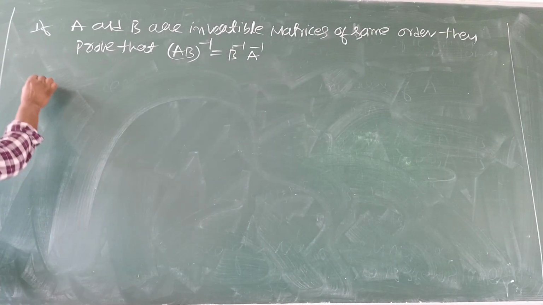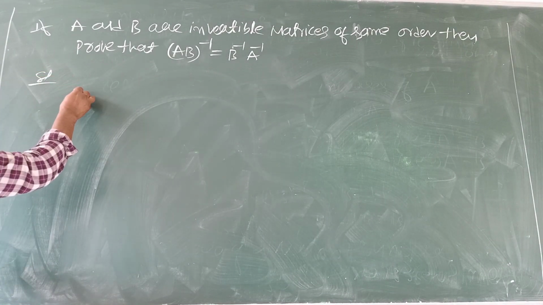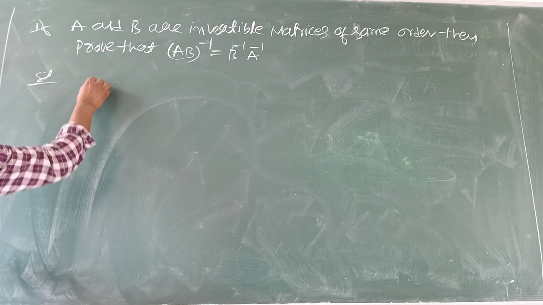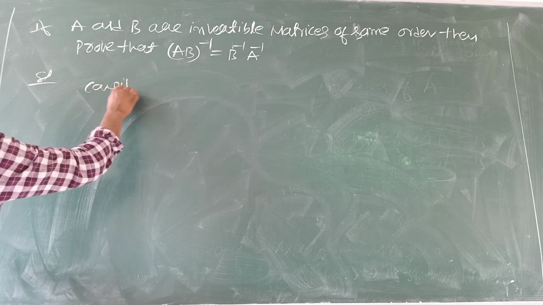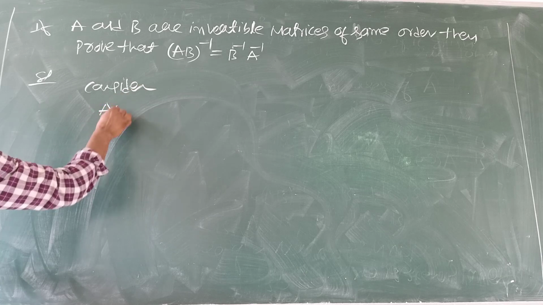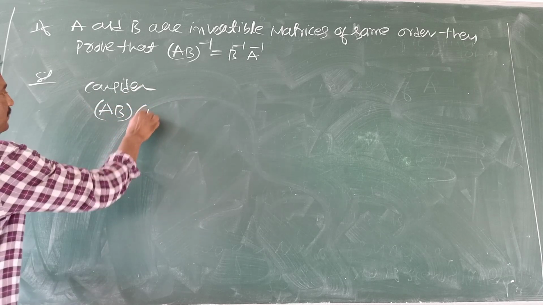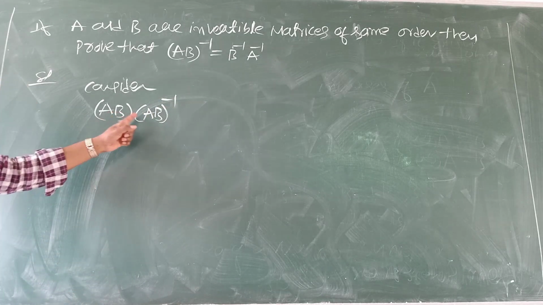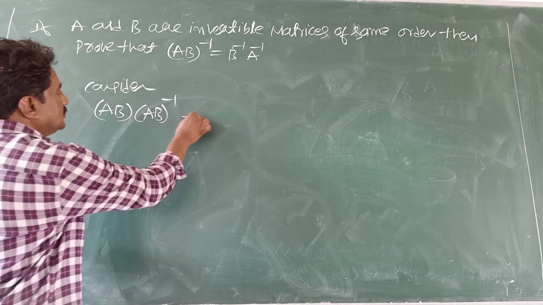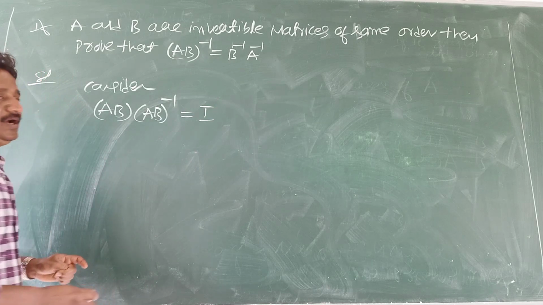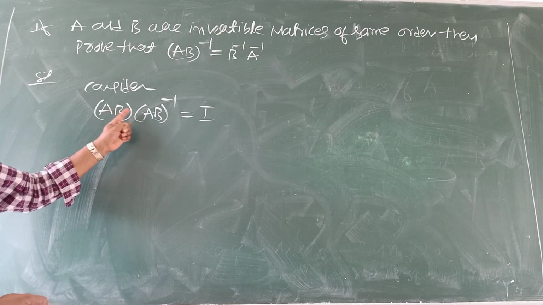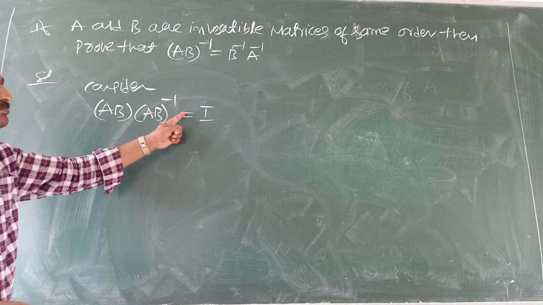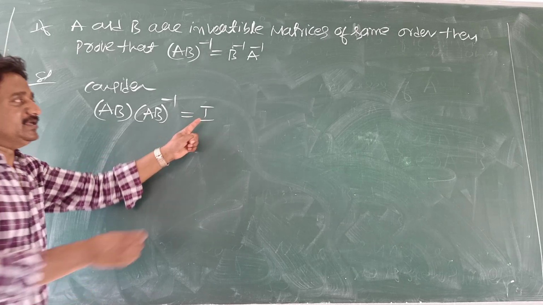So write the solution. Consider AB into (AB) whole inverse. AB into (AB) whole inverse must be equal to I, the identity matrix.